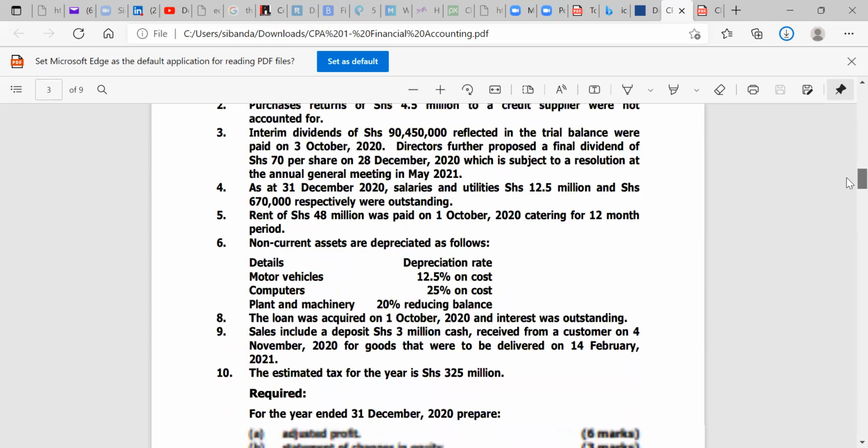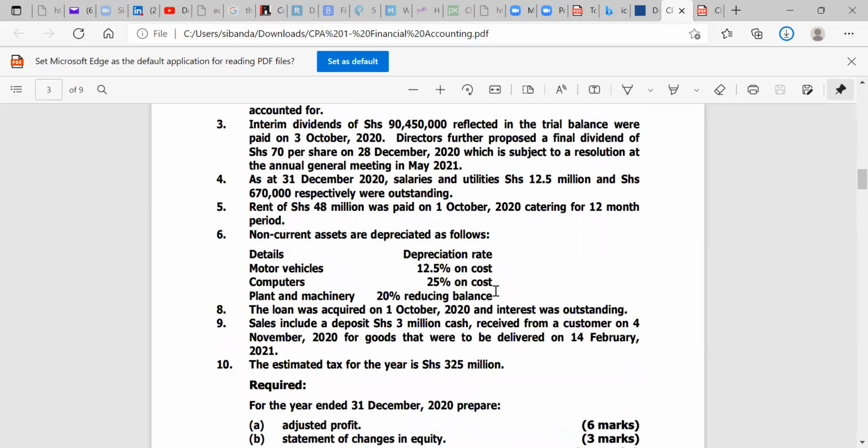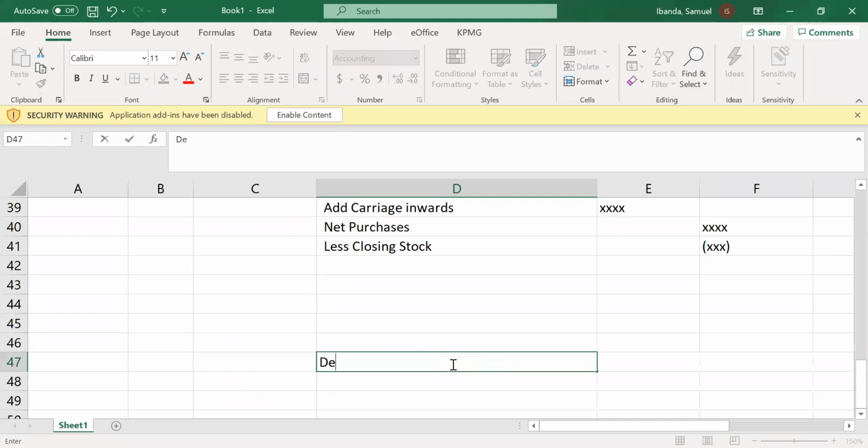When it comes to plant and machinery that is on reducing balance, the formula for calculating the depreciation is the percentage times the net book value.